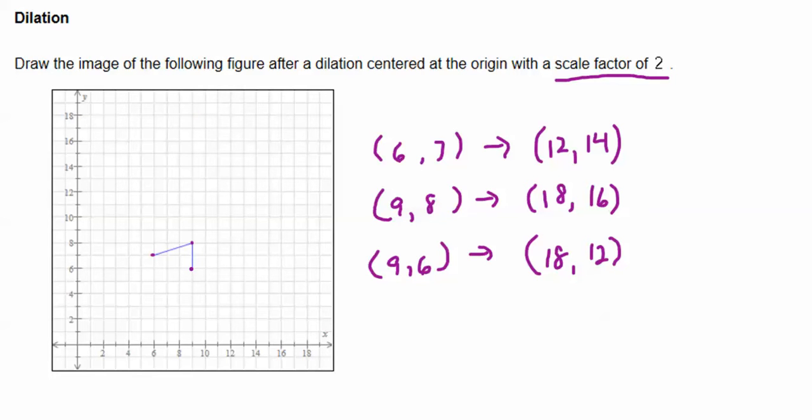So our new point is 12, 14: 12 on the x, 14 on the y. You can see how your image is going to be farther away from the origin. 18, 16: 18 on the x, 16 on the y. And 9, 6 now becomes 18, 12: 18 on the x, 12 on the y.